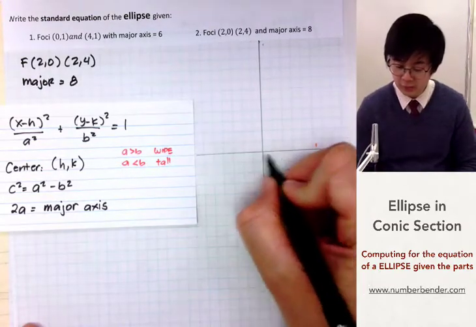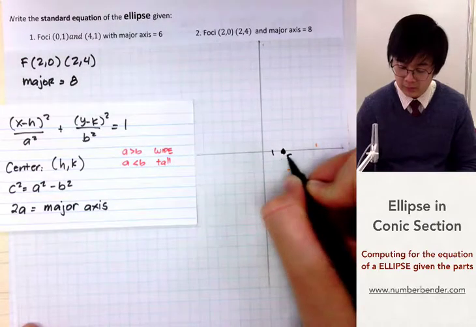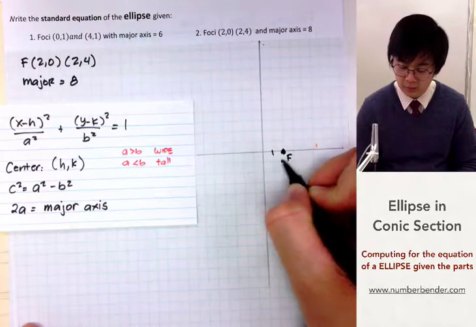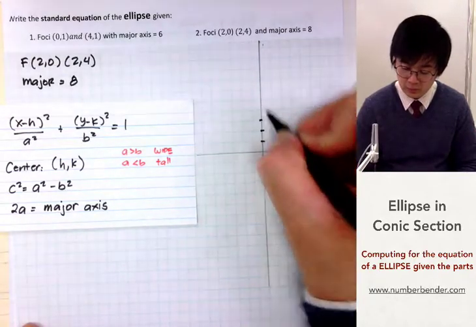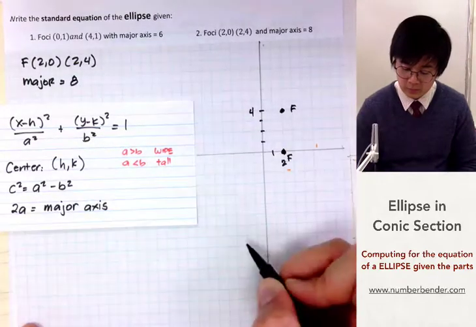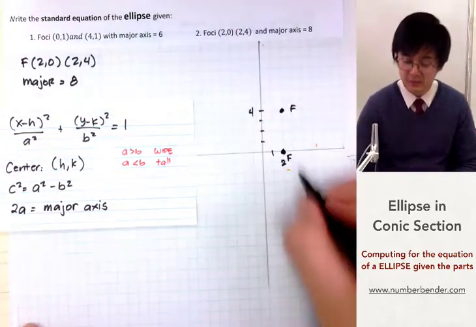So let's start with the first focus at 2, 0. So this is the first focus, and the other focus is at 2, 4. 1, 2, 1, 2, 3, 4. So the major axis is along the y-axis.